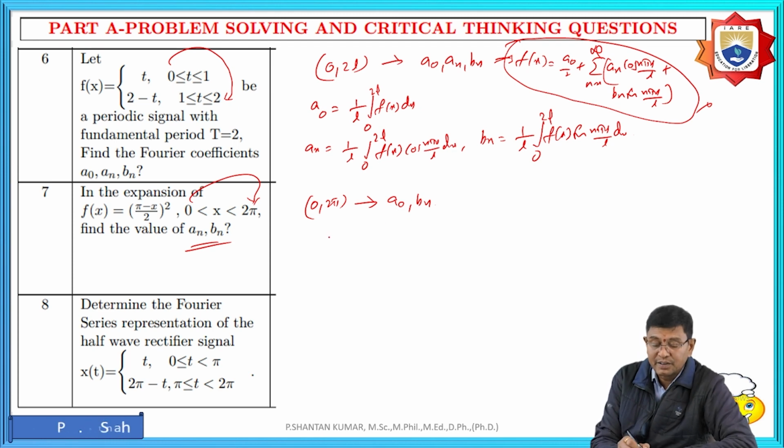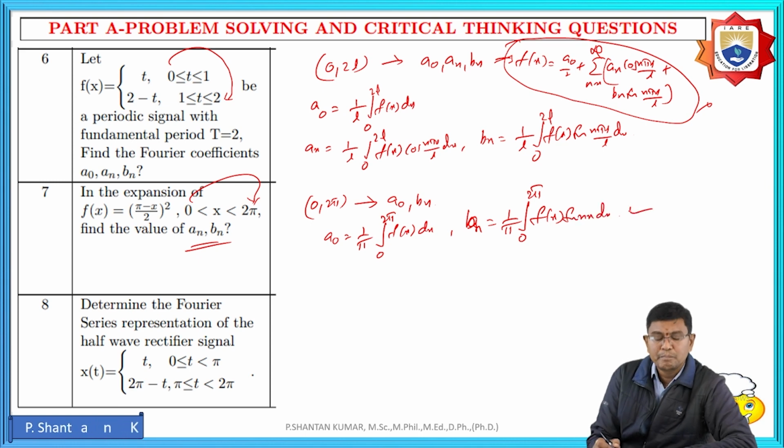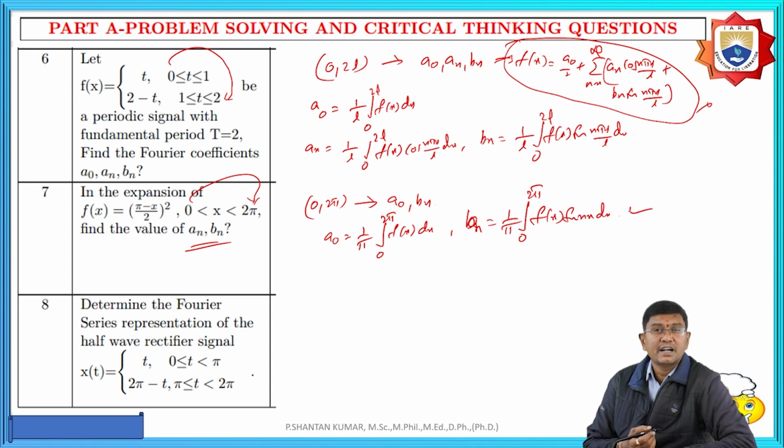That means a naught is 1 by pi integration 0 to 2 pi f of x dx, and bn is 1 by pi integration 0 to 2 pi f of x into sin nx dx. Based upon this, we find a naught and bn only, and we get the solutions.